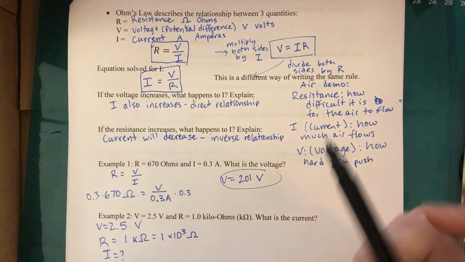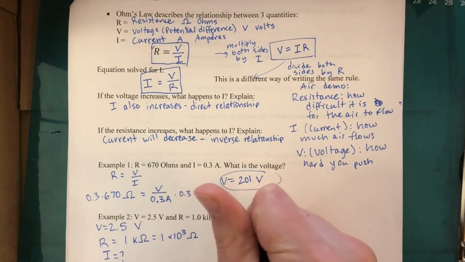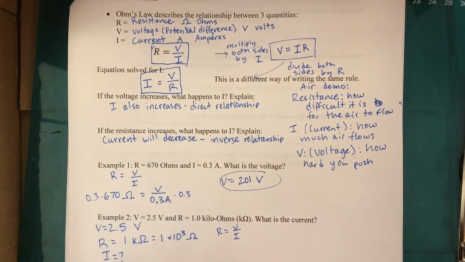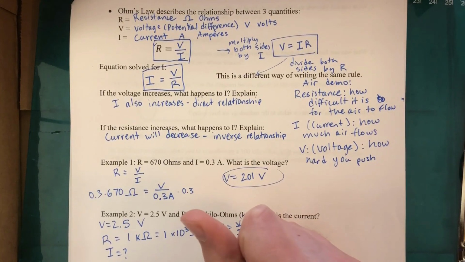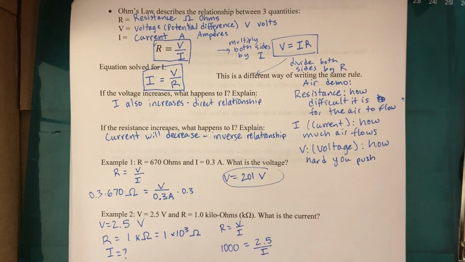So again, I'll plug it into R equals V over I. 1 times 10 to the 3 is 1,000 equals 2.5 over I. I want to solve for this variable on the bottom.